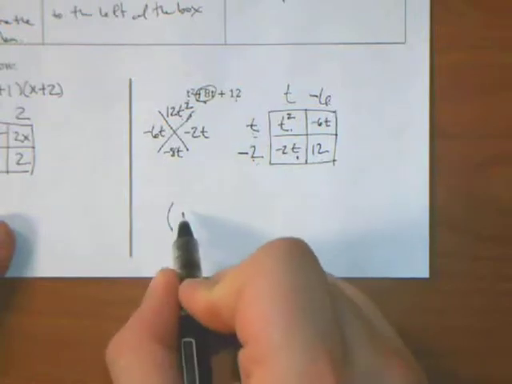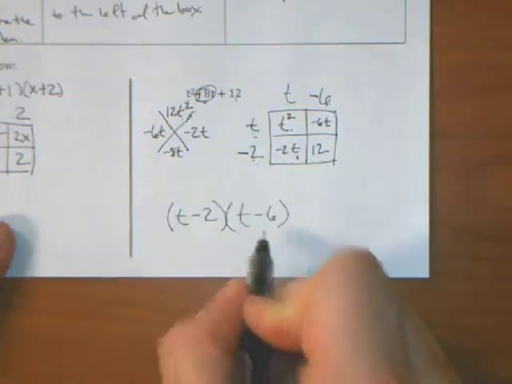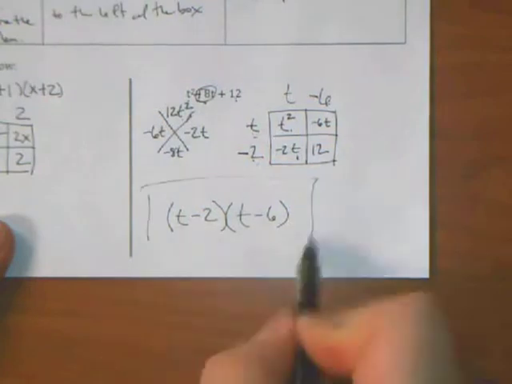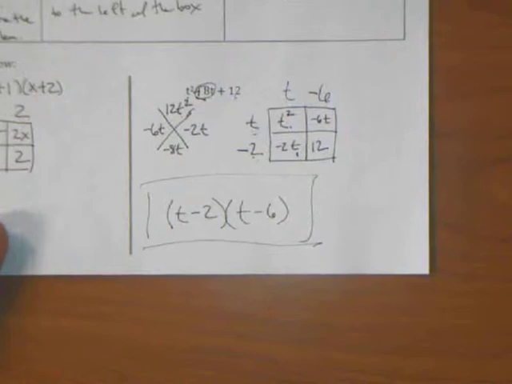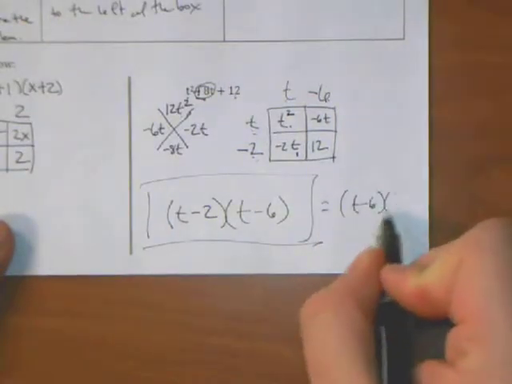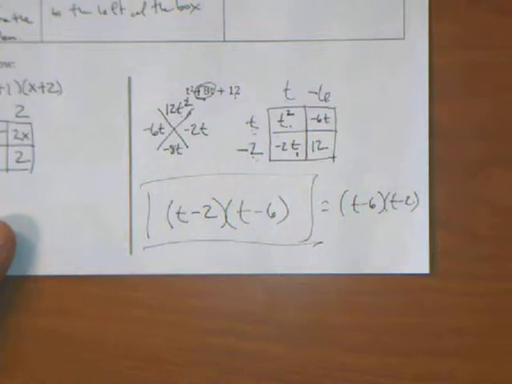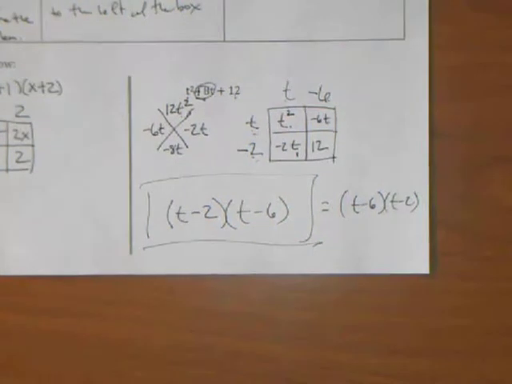So the correct factorization would be t minus 2, t minus 6. You could have written this as t minus 6 and t minus 2. It doesn't matter what order you write the factors in.